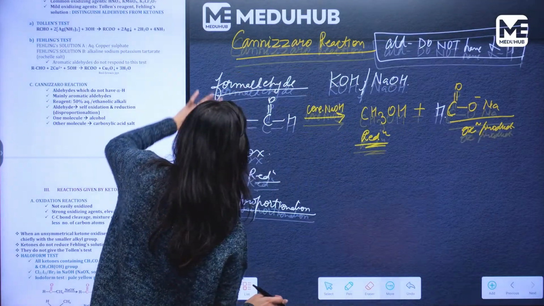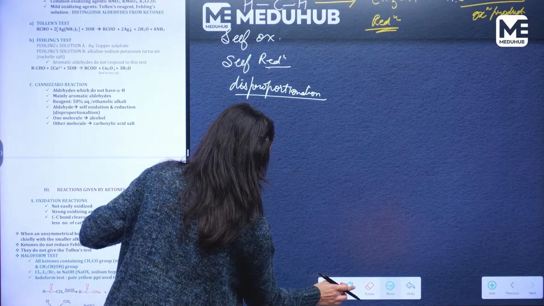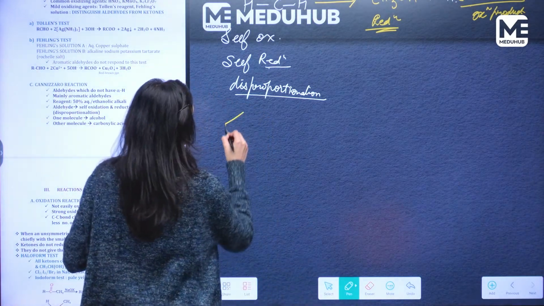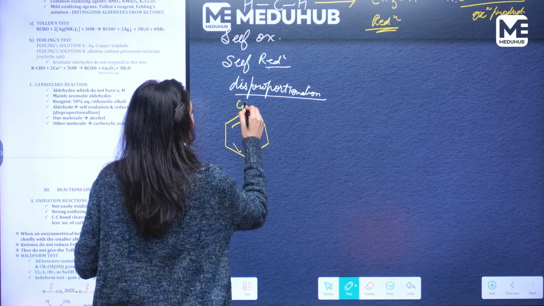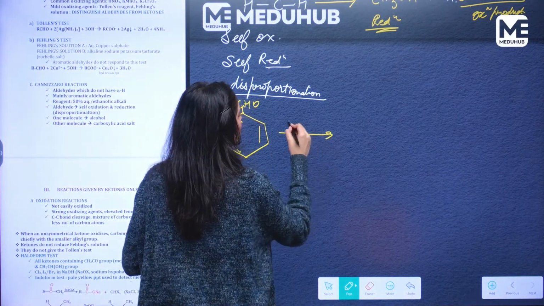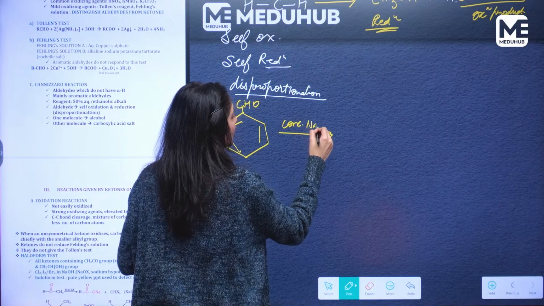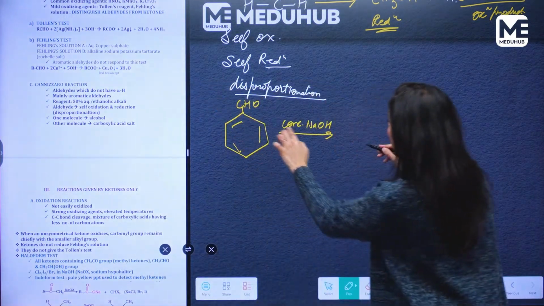So we can write down this reaction for benzaldehyde as well. C6H5CHO with concentrated NaOH. No alpha hydrogen here.